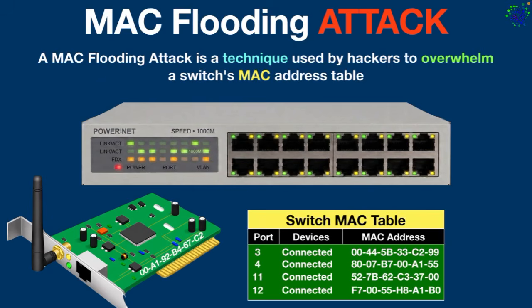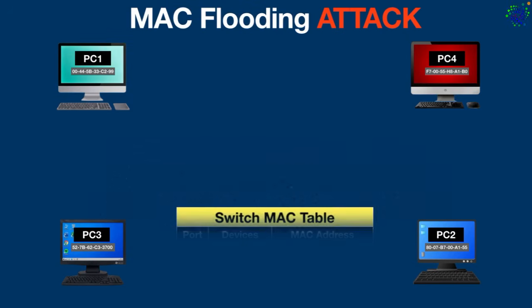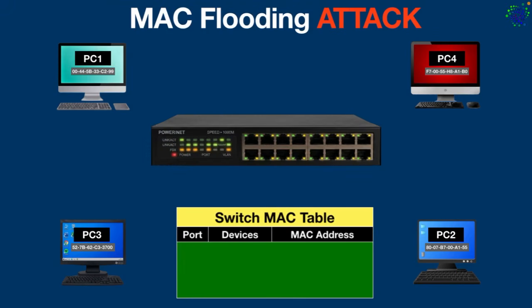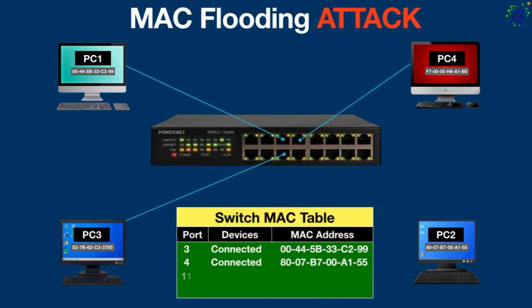So in order to understand the MAC flooding attack, we first need to look at how a network switch normally works. A switch is a networking device that connects all the devices together on a network. And a switch is considered a smart device because a switch learns the MAC addresses of connected devices and stores them in its MAC table.